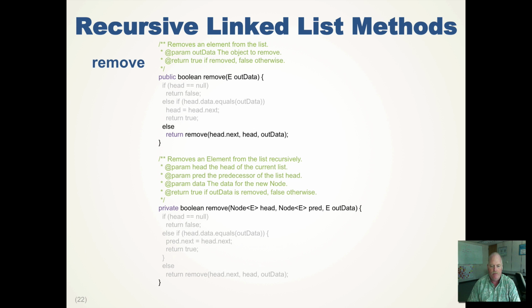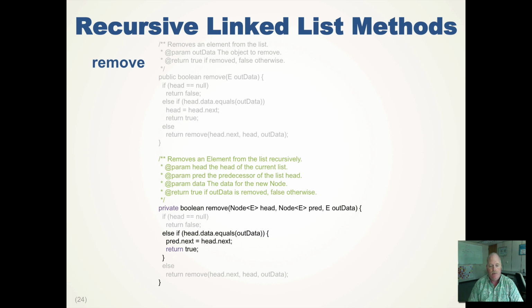And that's why we have the head, the current node we're looking at, and that node's predecessor. And that's why when we call remove, we say the thing we're looking at is head.next, and the predecessor to head.next is head. So we then check the thing that we're currently at. If it's null, we've got to the end of the list, we did not remove any data, we're done, we return false.